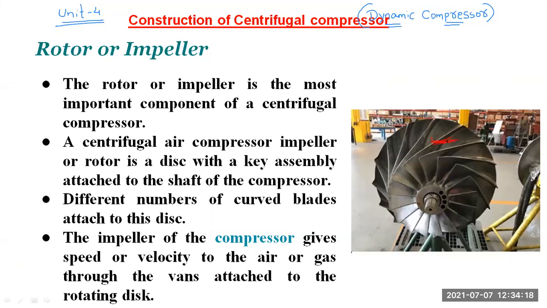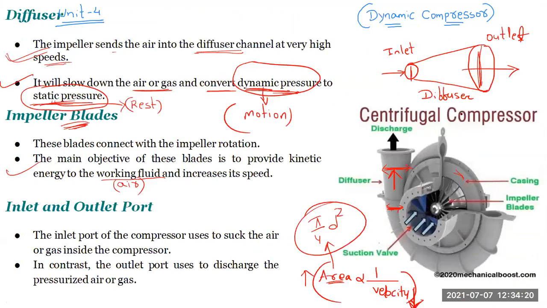These are the impeller blades. Okay, what will happen in the impeller blades? Okay, so here these blades are attached with the impeller. The main objective of these blades are to provide kinetic energy. Okay, these impeller blades will provide kinetic energy to the air or working fluid, and hence it will increase the speed of the air.